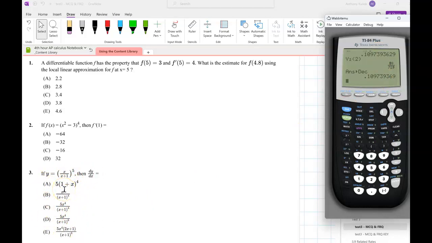Now, what could go wrong? It's possible that the value at 2 might work for more than one of these. What would you do then? I'd just pick another one.